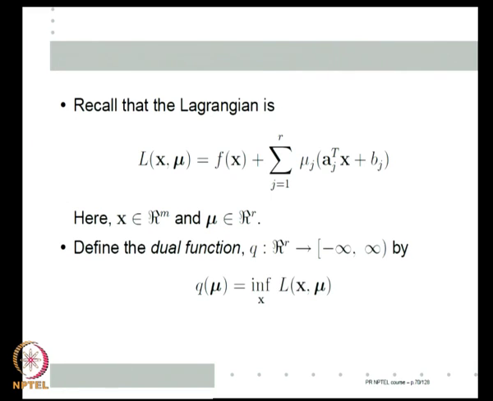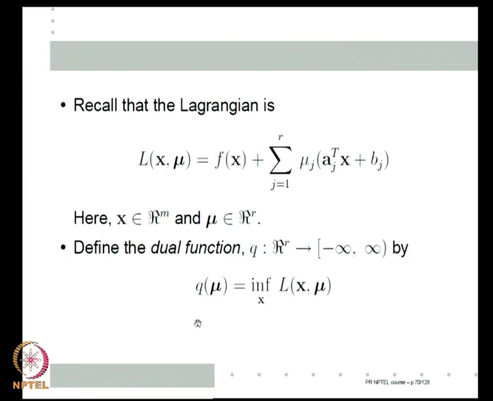Given the Lagrangian, let us define a function q which we call the dual function, which maps r dimensional real vectors, where r is the number of constraints, to the slightly extended real line, minus infinity to infinity, minus infinity included, infinity not included. In the real line, even minus infinity is not included, so this will just allow the q function to sometimes take minus infinity also as values. Now, q's domain is Rr, so q is defined on vectors of the type mu.